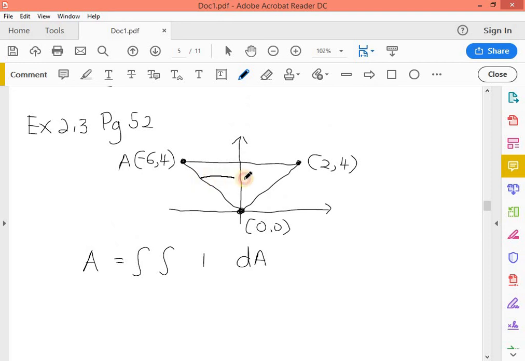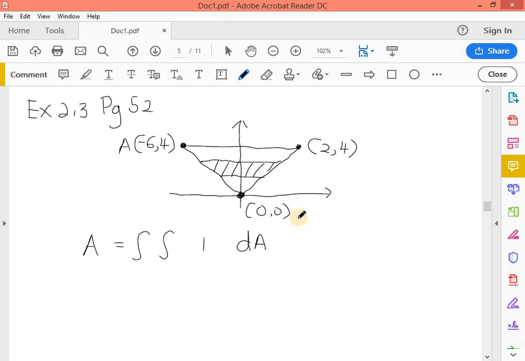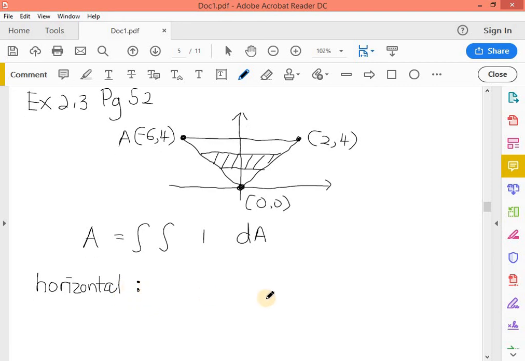Horizontal. This is your horizontal line. Have you drawn your horizontal line? Now you can move down or move up your horizontal line.